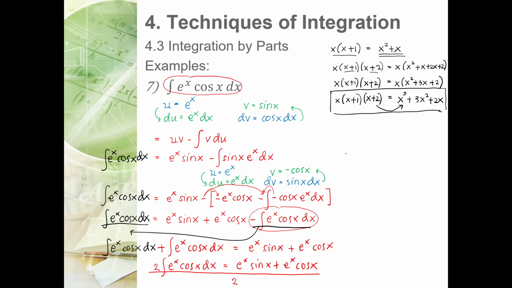So the final answer is, of course, e to the power of x sine x plus e to the power of x cosine x all over 2. So the integral of e raised to x cosine x dx is equal to this answer, plus c.